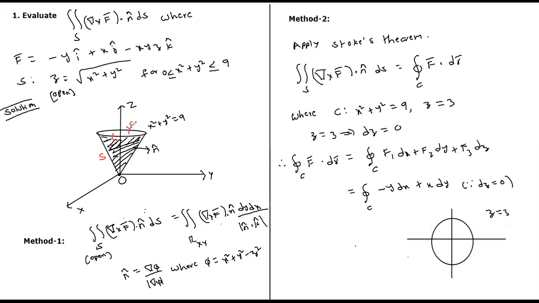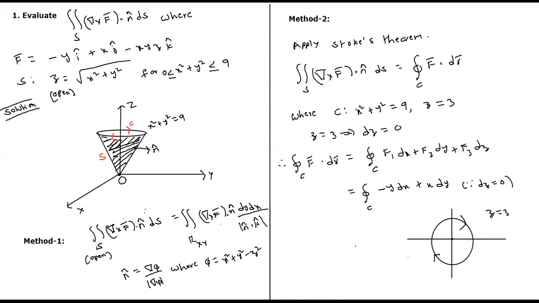Is it clockwise or anti-clockwise? Clockwise. Orientation is clockwise. Okay, so what is the center of the circle? 0, 0, 3, because z equal to 3.